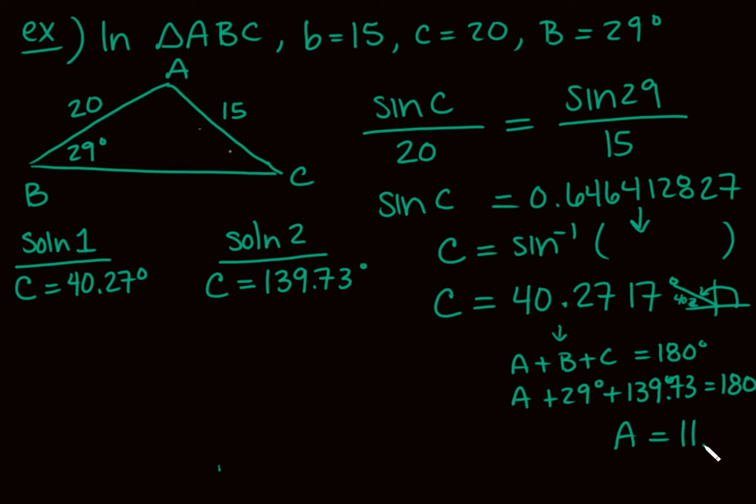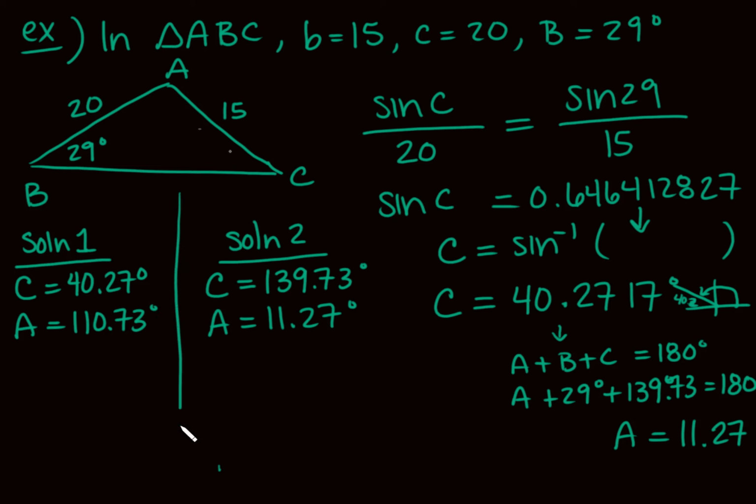Yeah, this is fine. That would give me A to be 11.27. So we're good. In this case, A would be 11.27 degrees. Over here, if I take 180 minus 40.27 minus 29, which was my B, I get 110.73 degrees. So these are my two solutions.